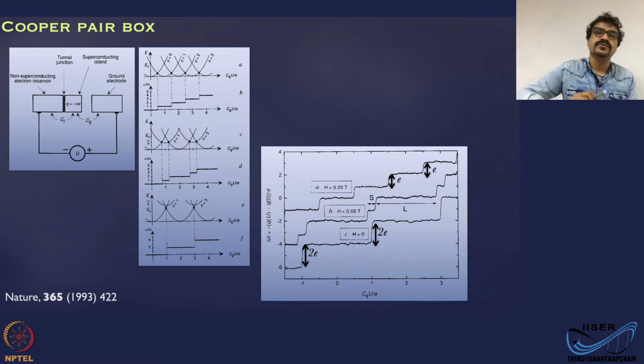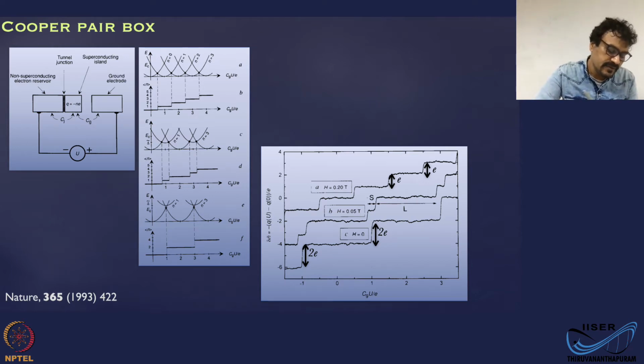So when you remove the field, the odd-numbered parabolas will not be in the available energy window, because those require single electrons to be present in the system. When you don't have a magnetic field, it's a superconductor, you have only Cooper pairs, so those will go up in energy, and that's what is happening as you vary the field.